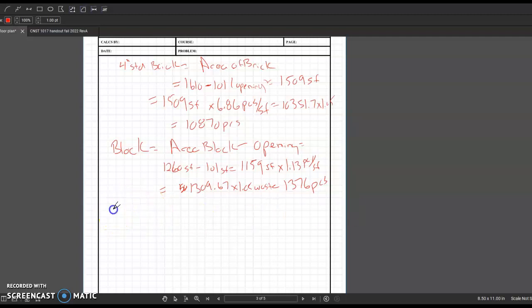Next we want to move on to mortar. Let's say for our exterior wall, so for our brick, we're using a type S mortar. Okay, so mortar is based on number of pieces. So that would be for our exterior for our bricks here, again 10,870 pieces.